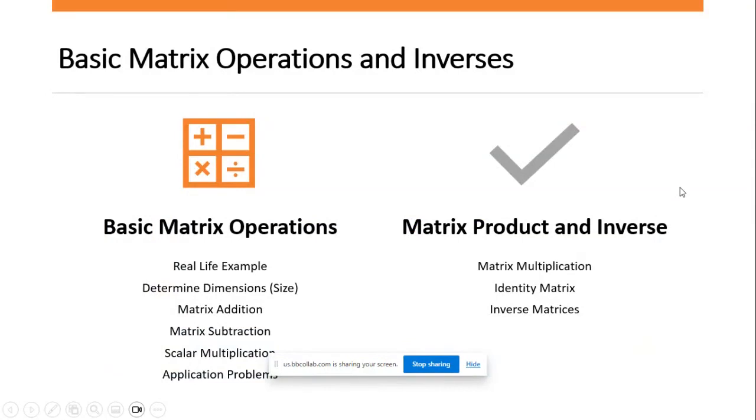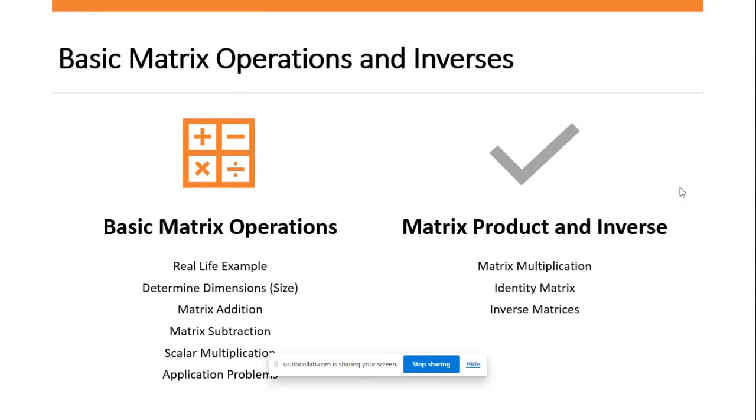For today's Happy Math Hour session, we are going to be looking at basic matrix operations and its inverse. What do we mean by the basic matrix operations? We're going to be doing addition of matrices, subtraction, multiplication, and then some application problems, which are real life examples, and also reviewing what it means to have the size of the matrix.